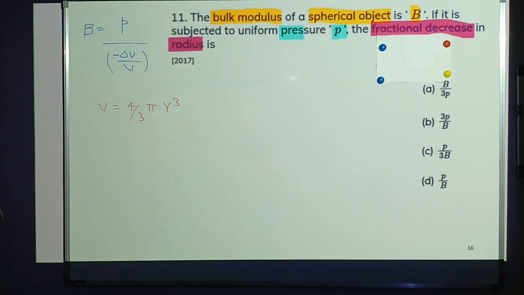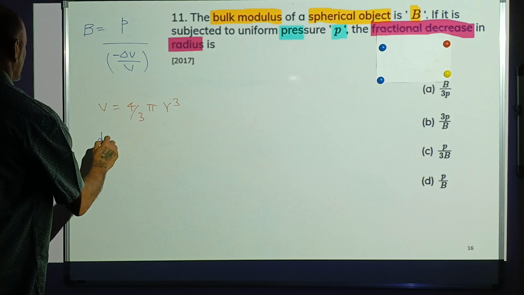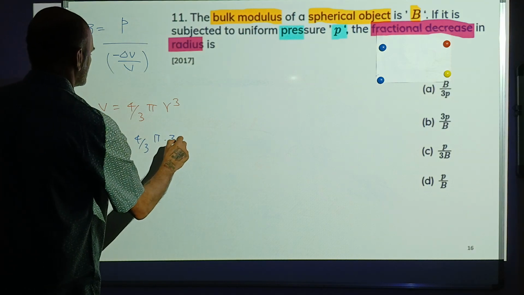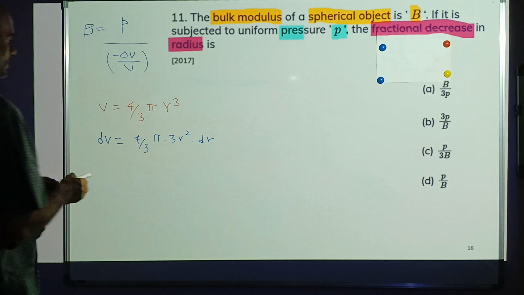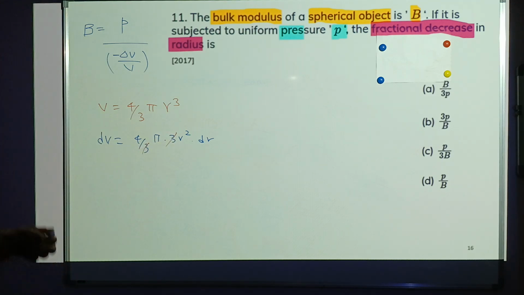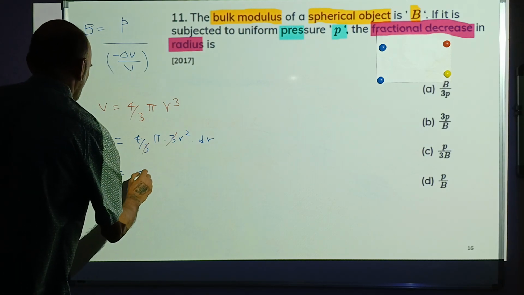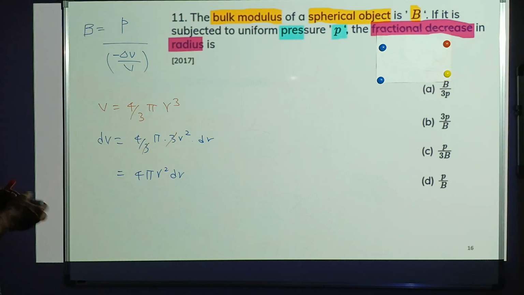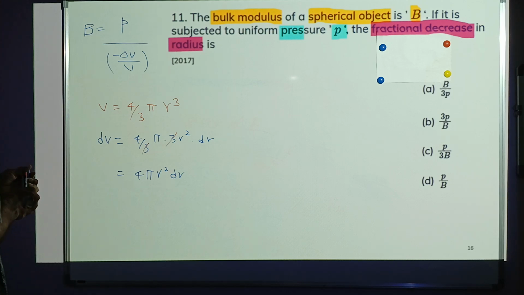So the variables are V and R. So differentiate both the sides. dV equals 4 by 3 pi 3r square dr. 3 will cancel. So 4 pi r square dr is dV. What we need here is dV by V. So divide this by this.